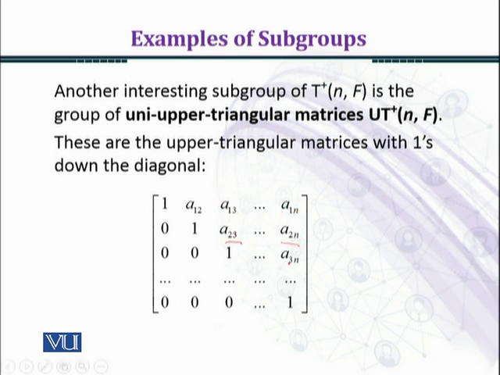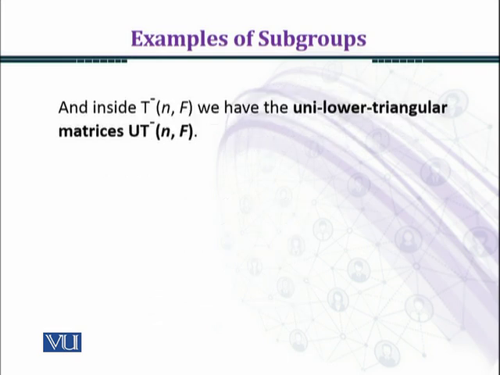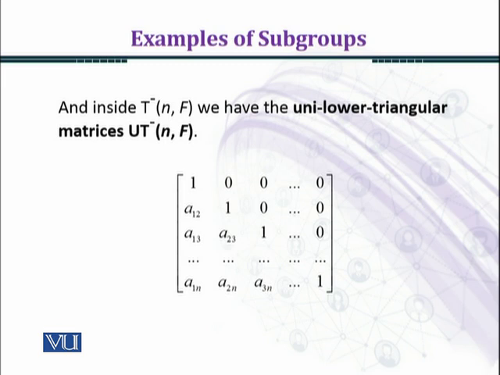This forms a subgroup of GL_n(F), and you can verify it using linear algebra. Uni lower triangular matrices also form a group under multiplication. This is a subgroup of GL_n(F), and the representation of the matrix is in this form. Here on the main diagonal ones are appearing, and below the main diagonal the aij can be 0 or non-zero, but the entries above the diagonal must be 0.